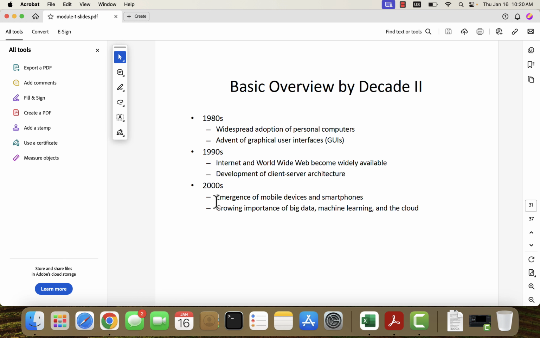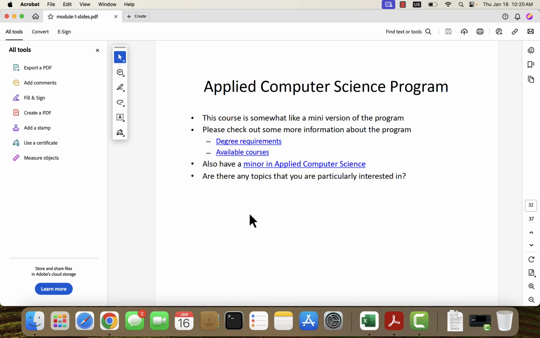All electronic devices nowadays are communication capable, right? With that, we have the growth of data available in the public network. So we have a growing importance of big data, machine learning, and the cloud. So that's the evolution of computer science.